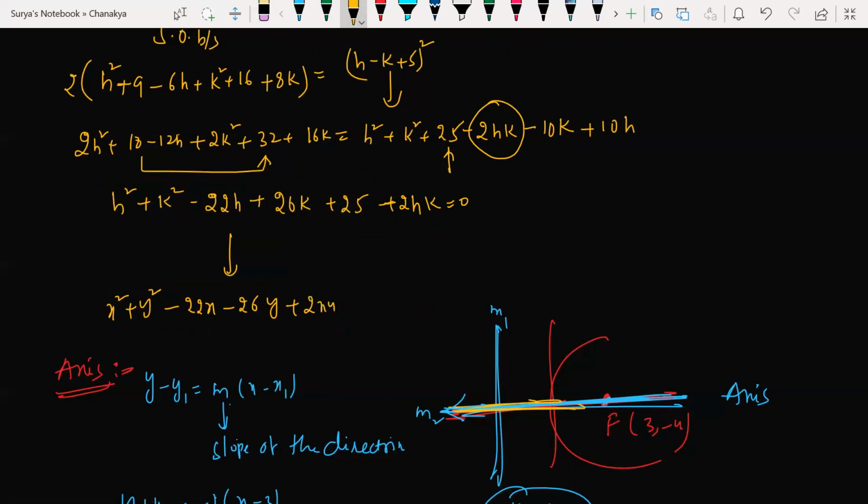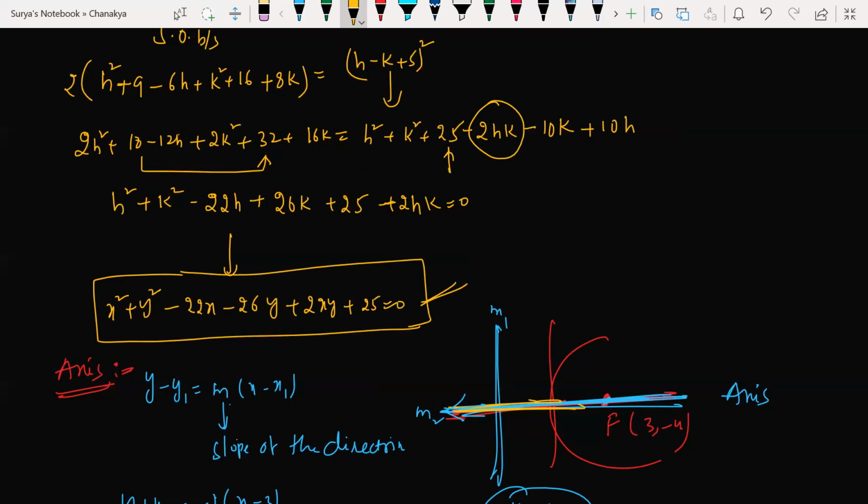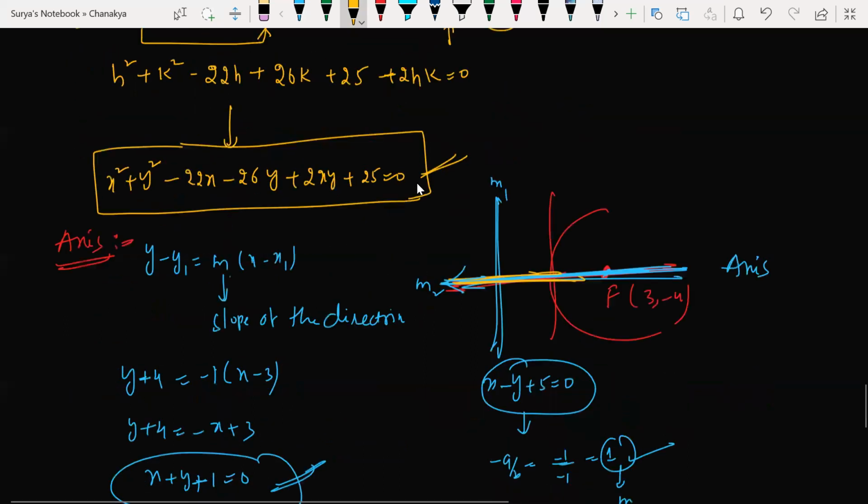Plus 2xy plus 25 is equal to 0. Okay, this is what the equation of the conic.